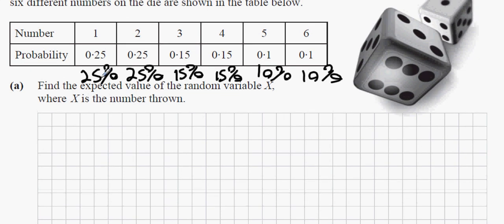Now, there's 2 ways of going about this. The first way, again, the expected value, is to basically multiply the number by the probability. So E of x is basically the method for doing this, okay?